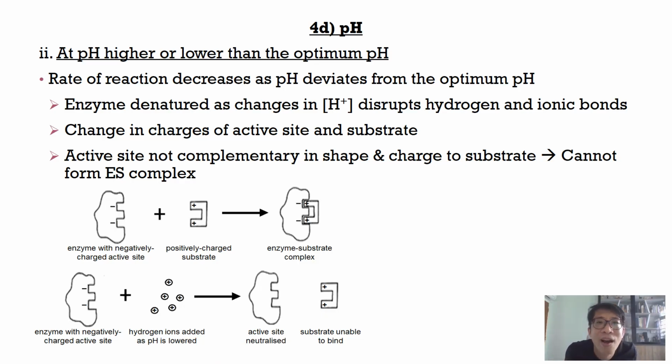If you compare the explanation for the effect of temperature versus the effect of pH, for the effect of temperature, we start off with the low temperature. Then we talk about the increase all the way to optimum, and then we talk about increase beyond the optimum.